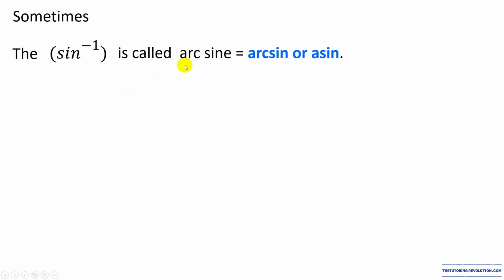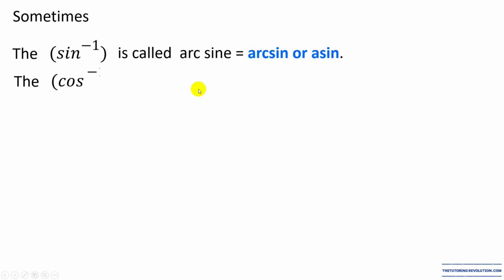Now let's go into some more concepts. Sometimes these inverse functions are known by a different name. The sine inverse is also called arcsine. And in calculators, you can see these symbols, arcsin, like this, or asin. These are abbreviations of arcsine, which is basically the same as sine inverse.